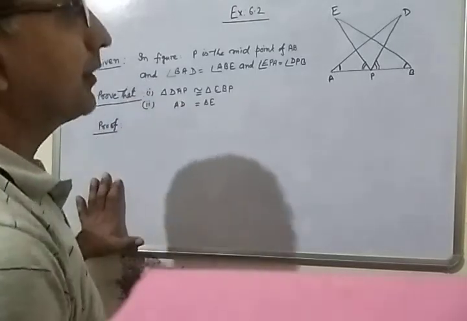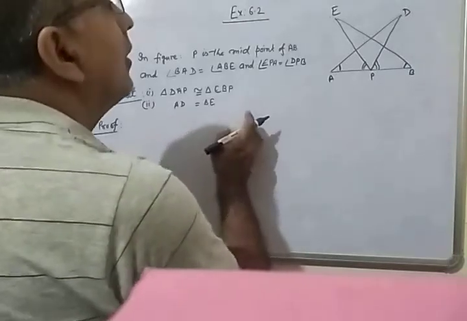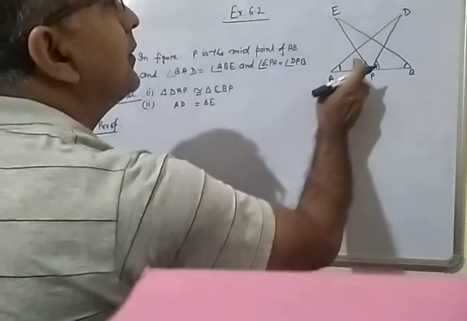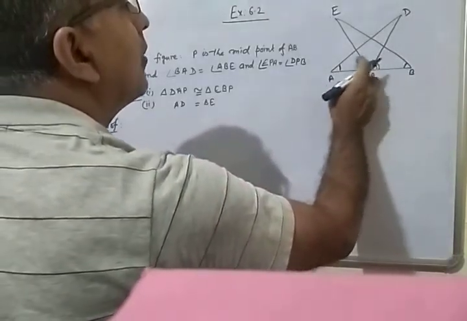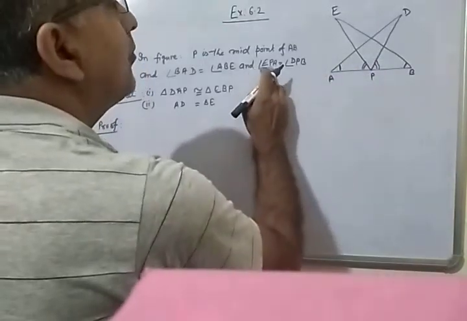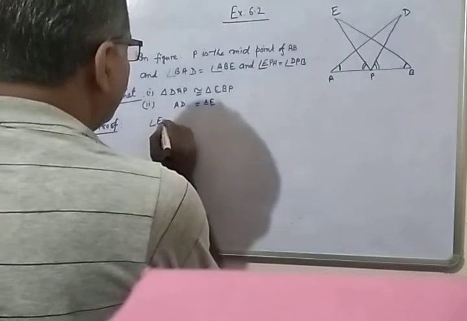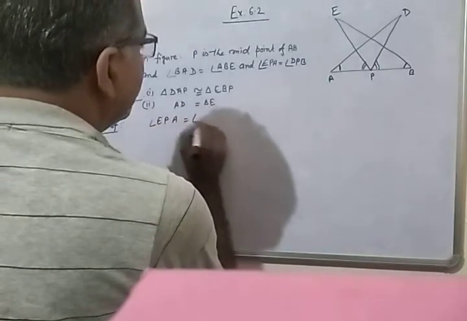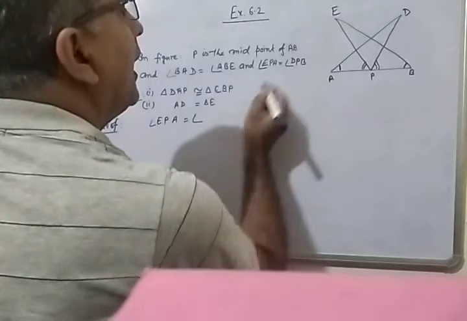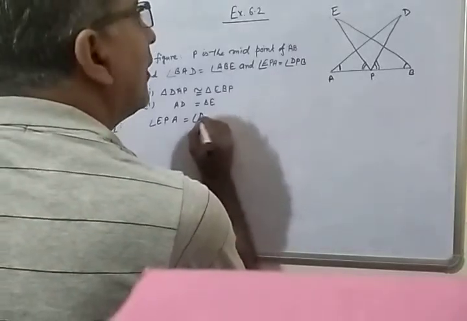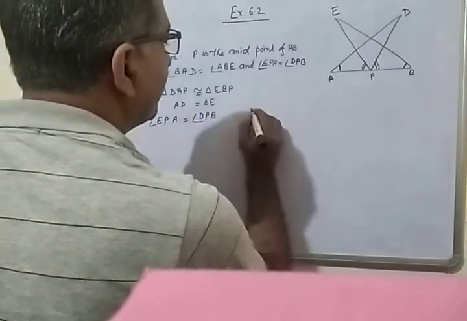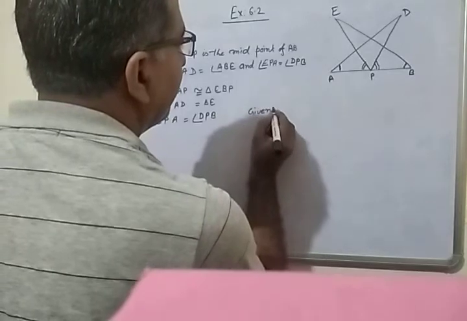First of all, take these equal angles: angle EPA is equal to angle DPB, that is given.